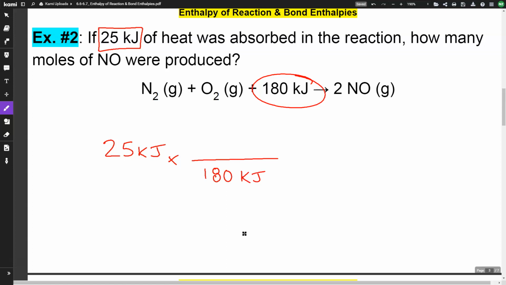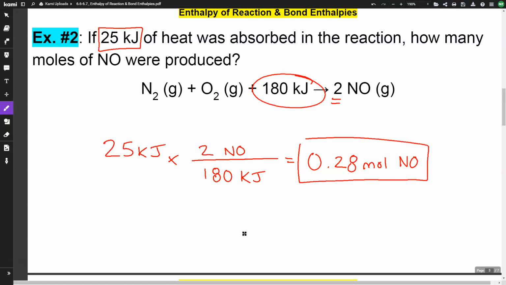Now, in the reaction, we have 2 moles of nitrogen monoxide. So we're going to put this in the same step here. When we multiply this out on our calculator, we get 0.28 moles of nitrogen monoxide.